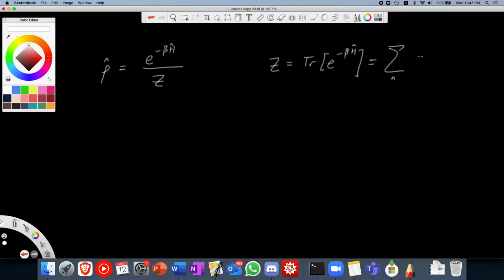So one natural basis to choose is the energy basis, where you do this.